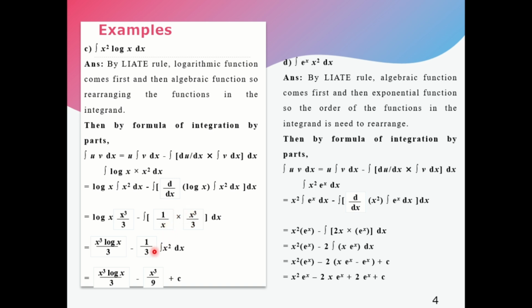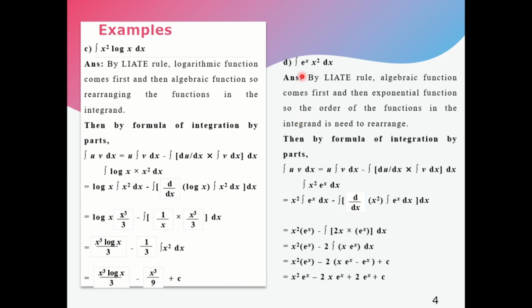We bring outside 1 upon 3 because that is a constant and find integration of x square dx. x cube log x upon 3 minus 1 upon 3 into integration of x square, which is x cube upon 3. 3 into 3 is 9, so x cube upon 9 is the integration, plus c.